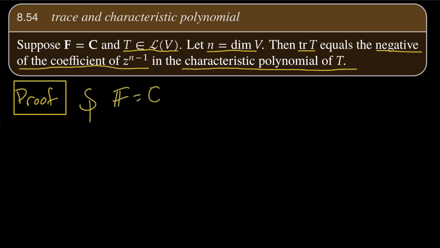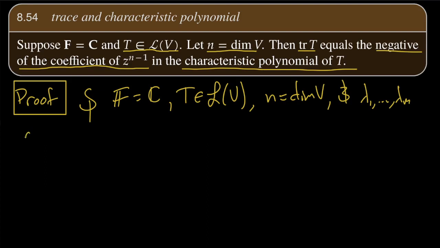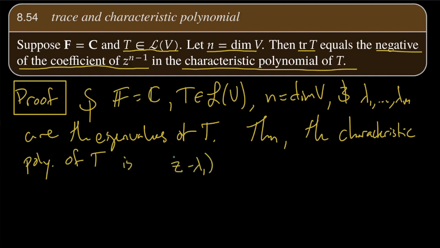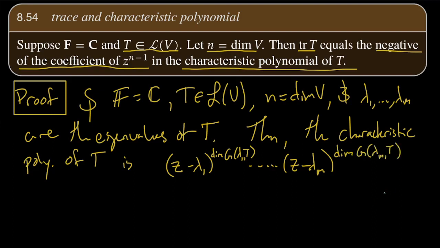Suppose the field is complex, T is in L(V), n is the dimension of V, and lambda_1 through lambda_m are the eigenvalues of T. Then the characteristic polynomial of T is just (z - lambda_1)^(dim G(lambda_1, T)), the multiplicity of lambda_1, the generalized eigenspace, all the way down through (z - lambda_m)^(dim G(lambda_m, T)). Okay, there we go.